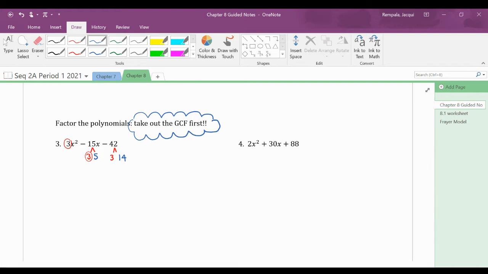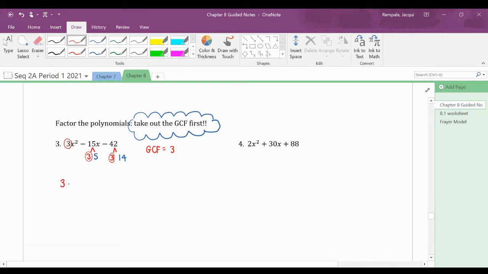So then notice that because there is a 3 in all of those terms, I am going to have a GCF of 3. If I start looking to see if they all have letters, I notice that the 42 doesn't. So that means that my GCF is only going to be that number.